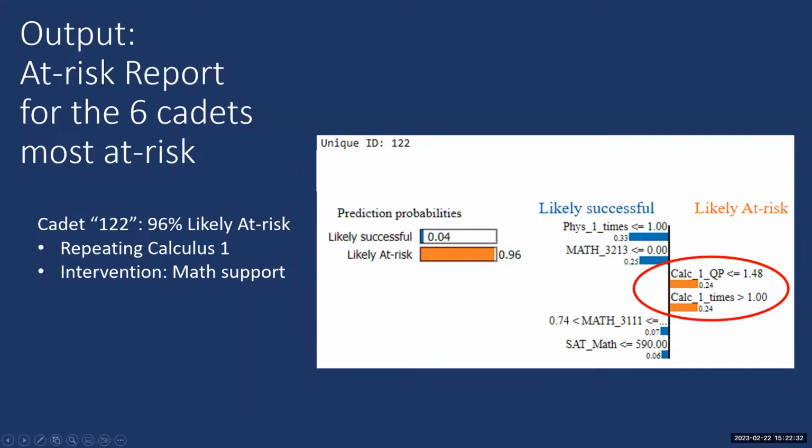If they take it more than once, they tend to be more at risk to fail it a second time, unfortunately. And their math placement didn't automatically put them more at risk. But then we see that they have taken Calc 1 before and they didn't do as well in it. In the opinion of Lime, that is the most significant reason why they might be predicted to do poorly again, because they're having some struggles in calculus.